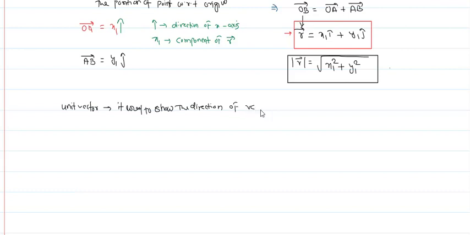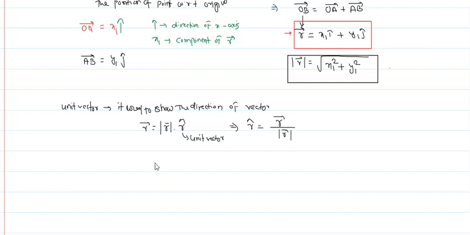Suppose r is a vector, so it has both magnitude as well as direction. This represents the unit vector, so this represents the direction. So I can say r cap is equal to r vector divided by the magnitude of r vector.